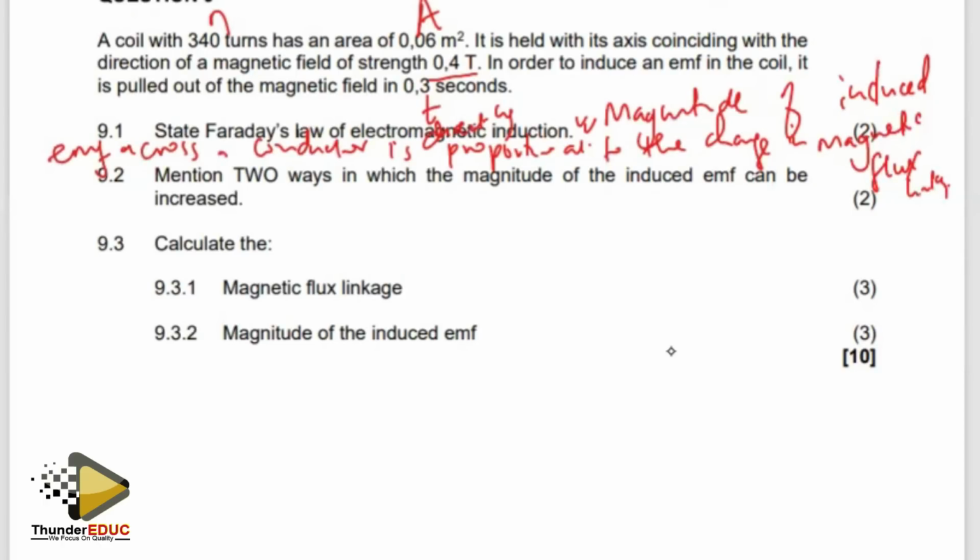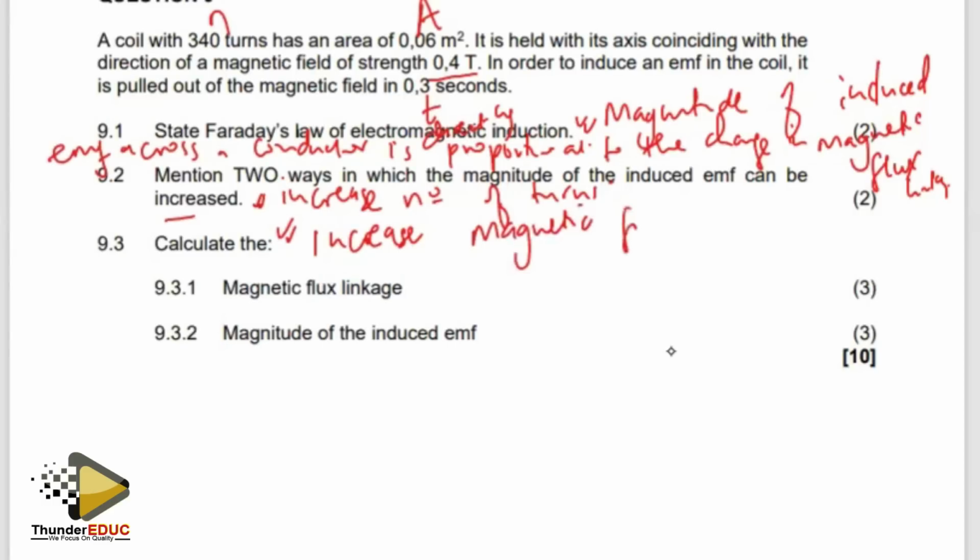Then mention 2 ways in which the magnitude of the induced EMF can be increased. 1, you increase the number of turns. And then we also need to increase the magnetic field strength. I think that makes more sense. Magnetic field strength. And then we also talk about the area, which can be increased.